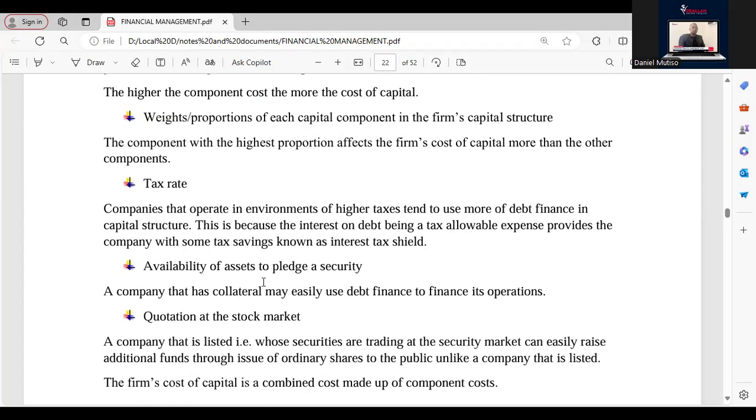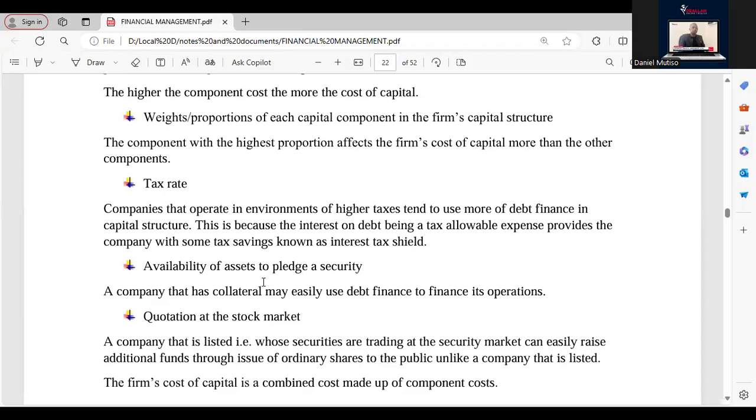Companies that operate in an environment of higher taxes tend to use more debt finance, because the interest on debt, as you see when preparing income statements, reduces the net profits and therefore reduces the tax payable.